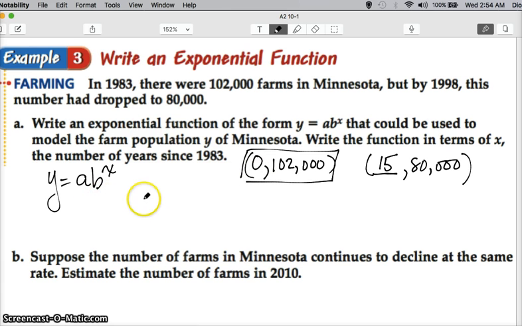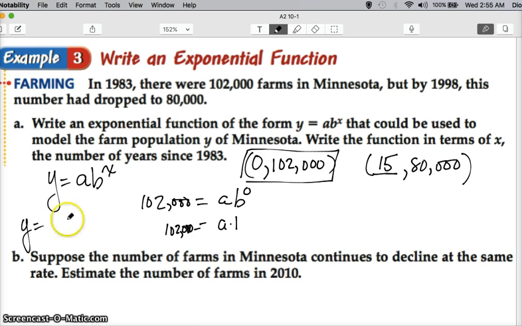I know that y is equal to 102,000 when x equals 0. Since x is equal to 0, we know b to the 0th power must be 1, and therefore this is a times 1 is equal to this number. So you guys know what we just got. We got the value a. So we know our equation is y is equal to 102,000 times b to the x. So far so good.